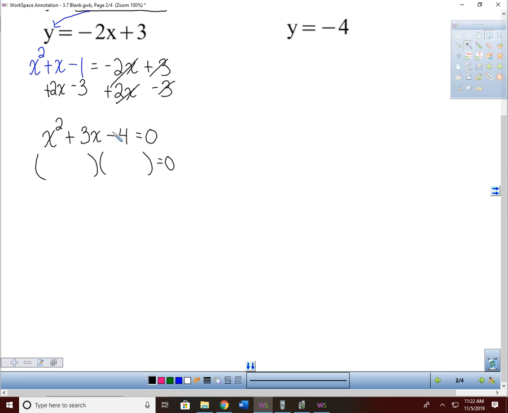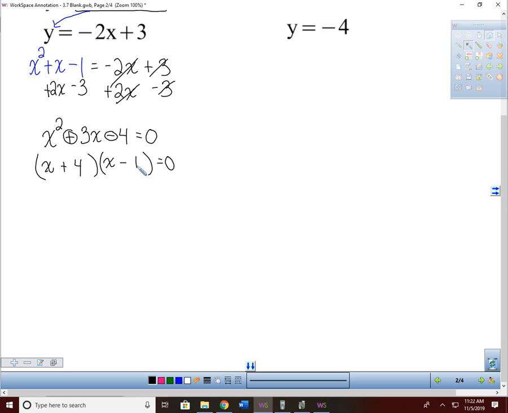So I look at the back, I have a minus sign. That means I'm going to have a plus and a minus. I have x squared. That gives me x times x. And two numbers that multiply to make 4 and subtract to make 3. So that would be 4 and 1. Since I look on the front right here, I want this to be a positive 3 in the middle, so I'm going to put the bigger number with the positive.